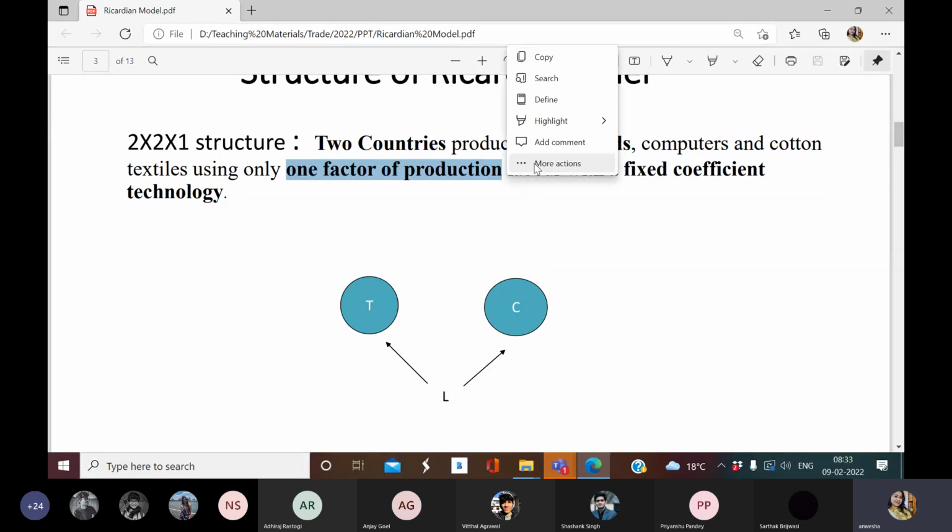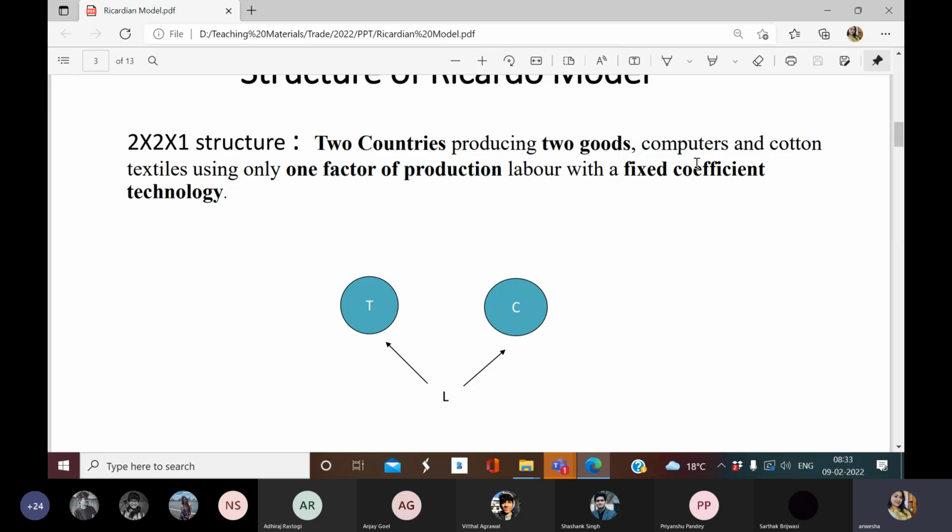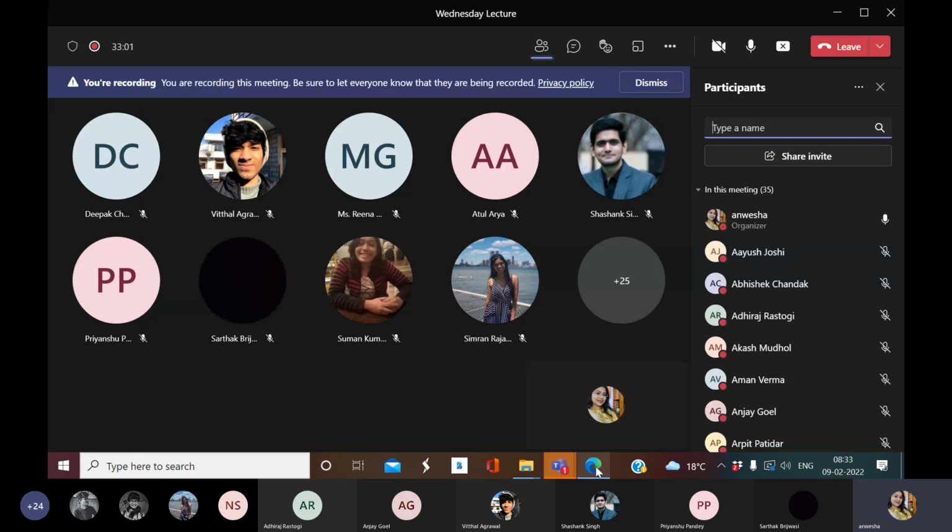Labor is the only factor of production in the Ricardian model, and we have assumed a fixed coefficient production technology. Fixed coefficient production technology means the amount of labor required to produce 1 unit of a particular good remains unchanged. Doesn't matter how much of the good is produced, 10 units or 1000 units, the per unit labor requirement remains unchanged.